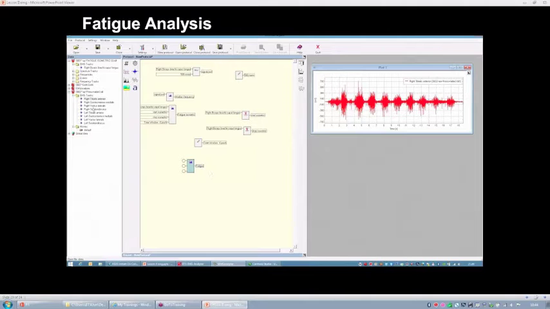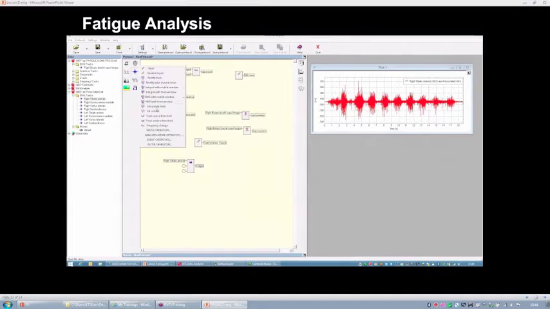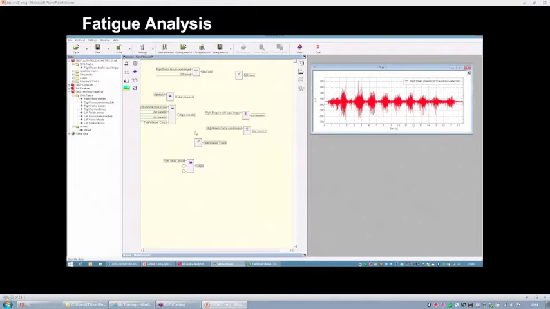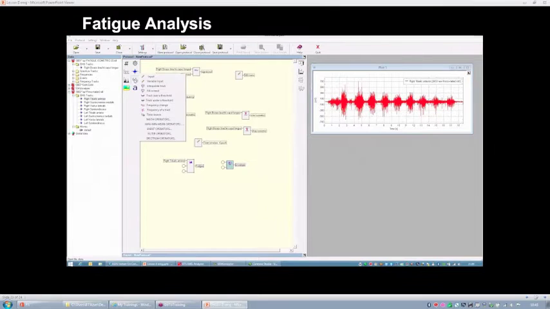With this block, the first input has to be the raw signal, and the other two inputs have to be events. For example, I'm going to use the peak of the EMG envelope. So we are going to compute the envelope of the signal by means of a low pass filter.